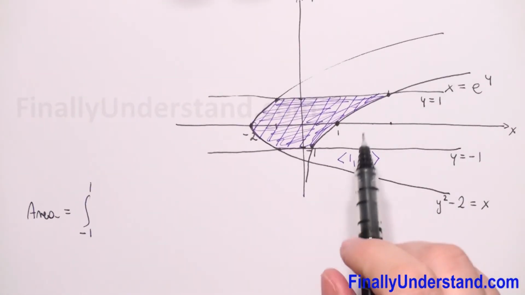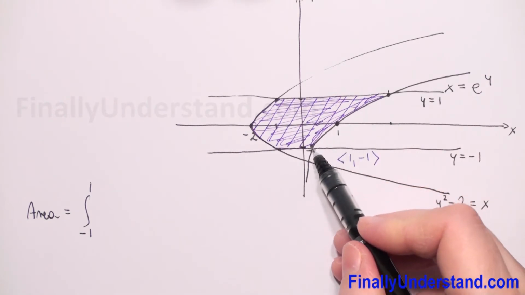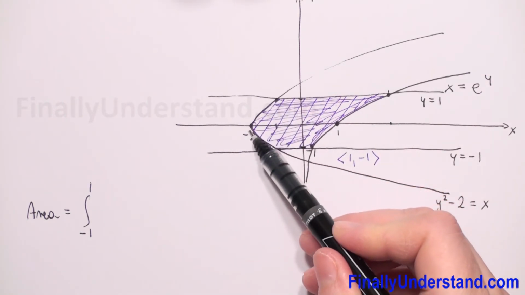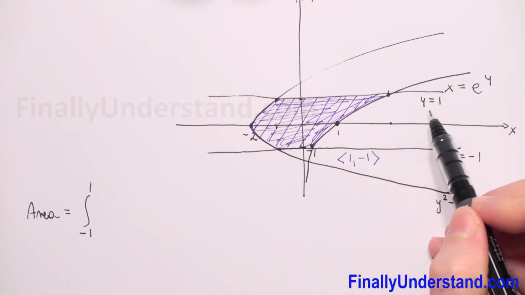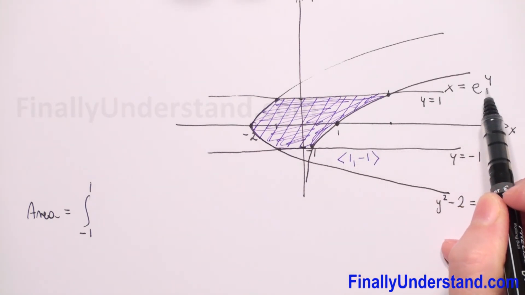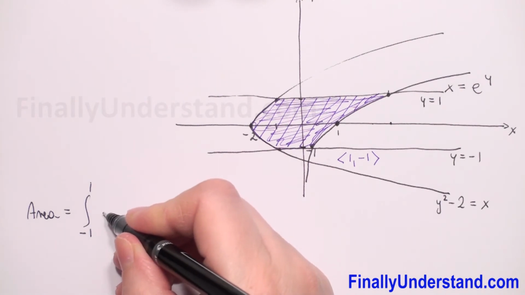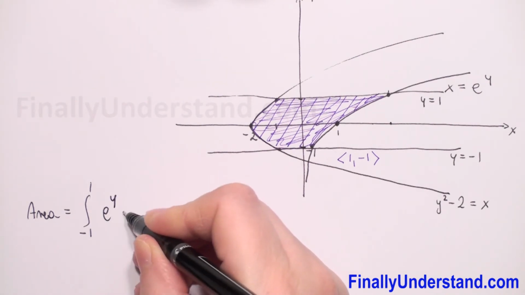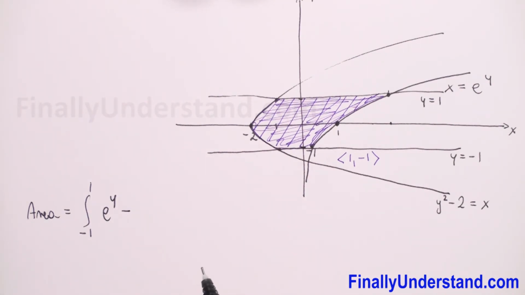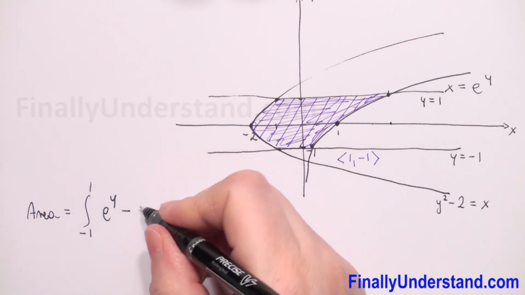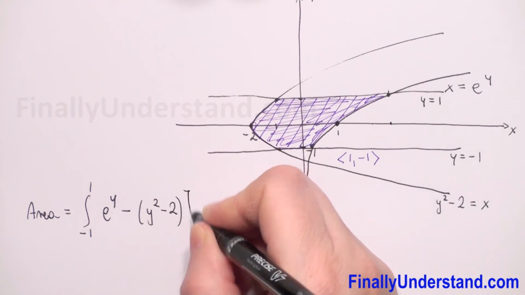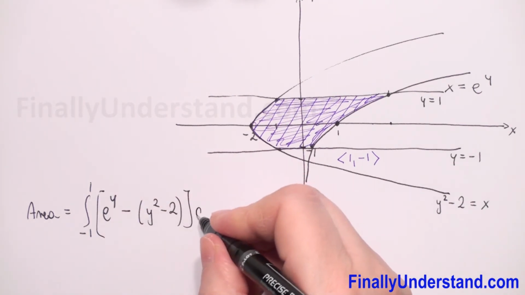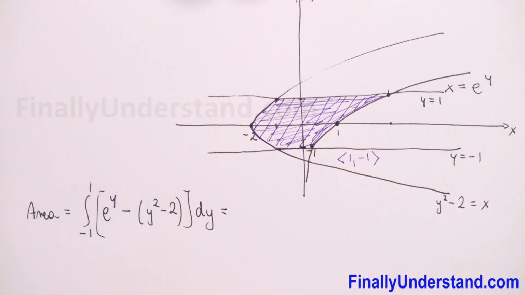Now from the right function we have to subtract the left function. So the right function is x equals e to the power y. So we have to put e to the power y minus, and the left function is y squared minus 2, with respect to y.